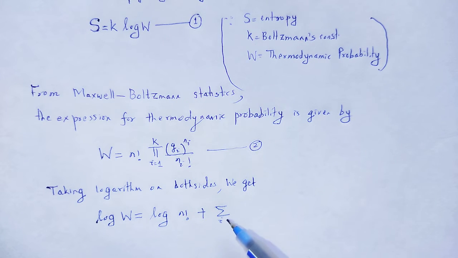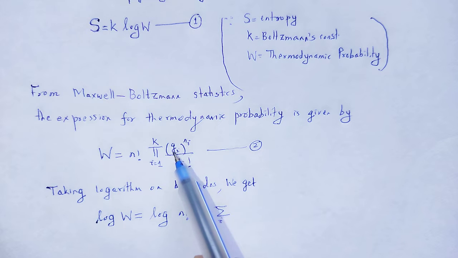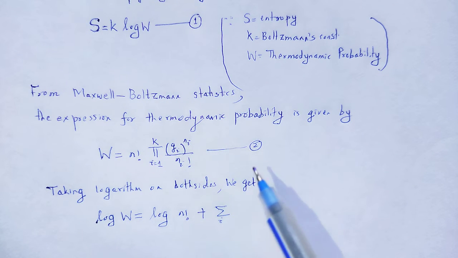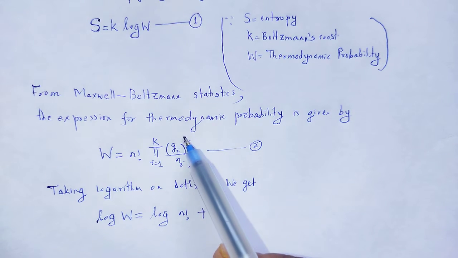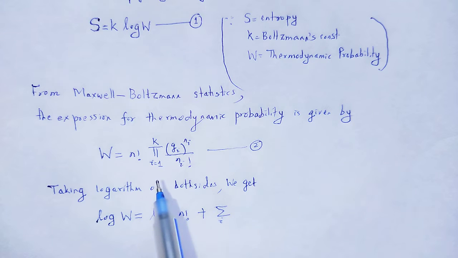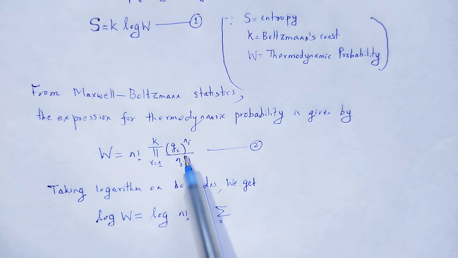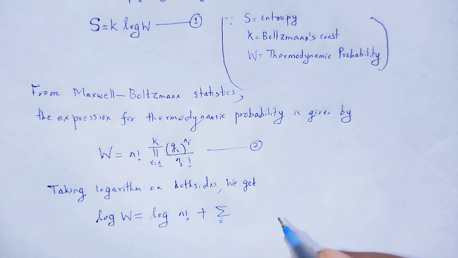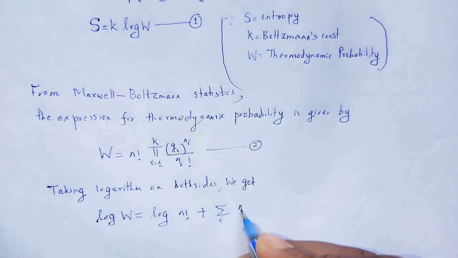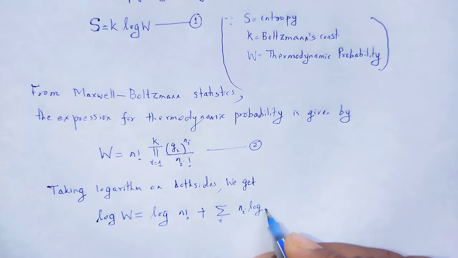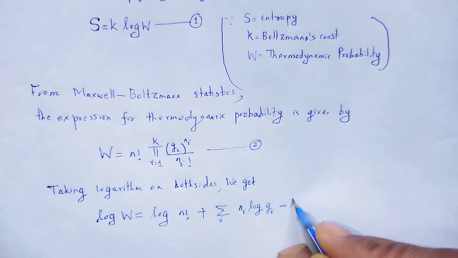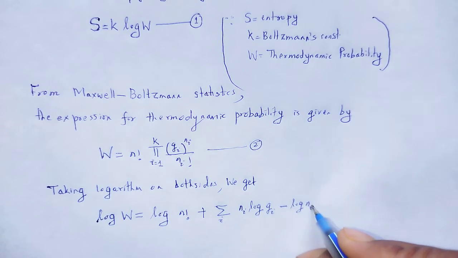Simply we write summation over i, and expanding log of A by B as log A minus log B, and log A to the power m is m into log A. Here we obtain ni log gi minus log ni factorial.